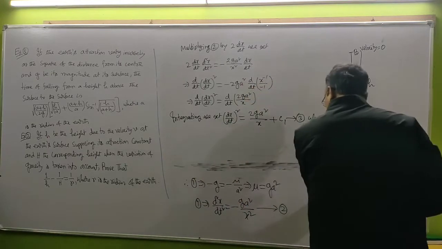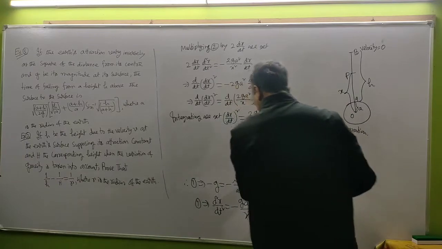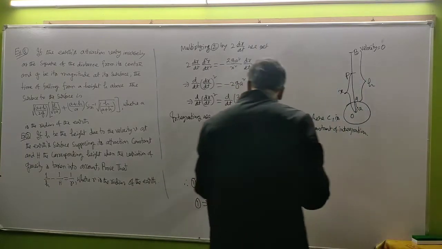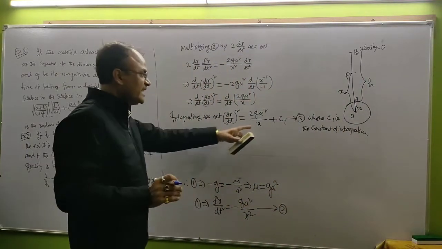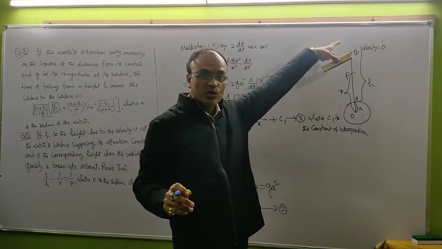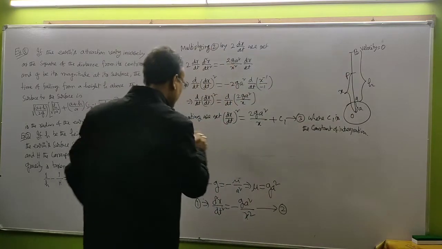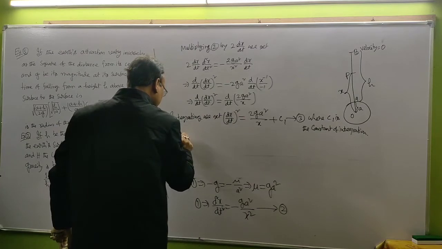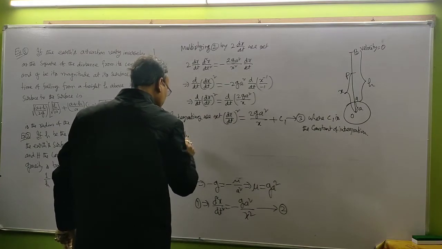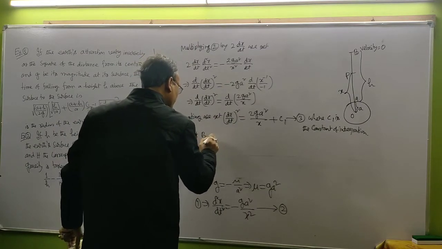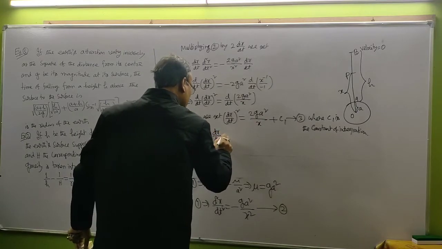C1 is the constant of integration. Now, initially the particle was at A, initially at B. At the point B, the velocity of the particle was 0.